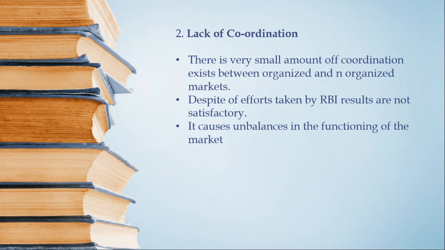RBI is still trying to maintain stabilization, still trying to bring these two sectors, organized and unorganized, together. But I don't see any such thing happening here. We can say that the unorganized sector is still carrying its own way of trading in the money market. It causes imbalances in the functioning of the market. So lack of coordination is a very important point to note.